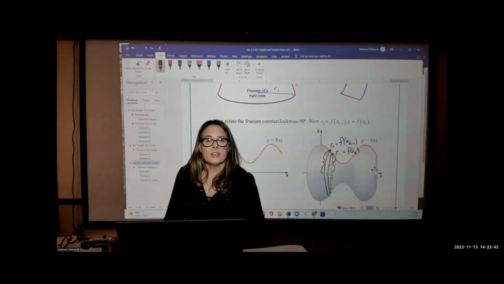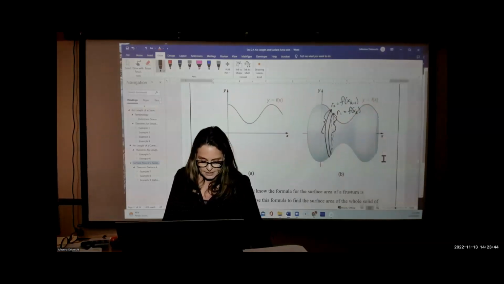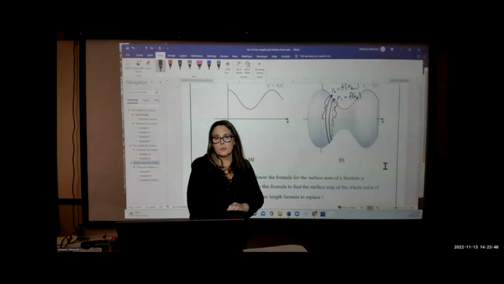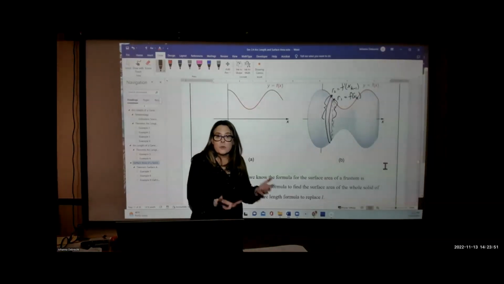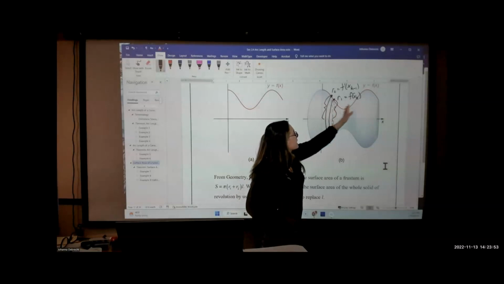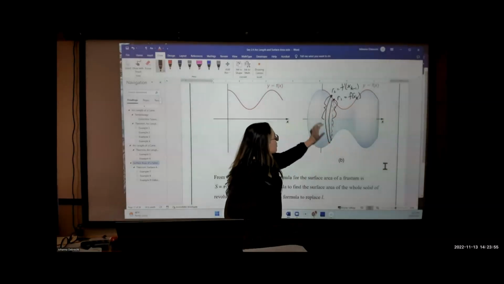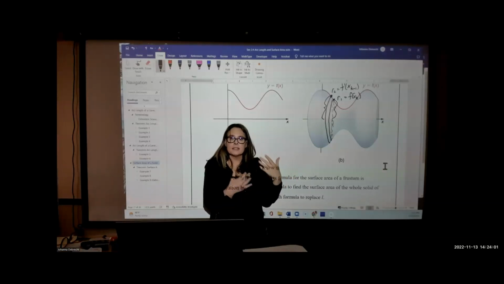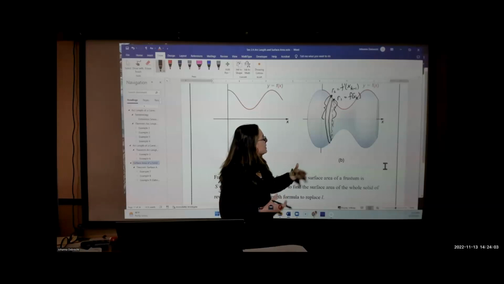So we need to figure out how we can approximate the surface area. Now, you know what we're going to do. We're going to take n different frustums coming all the way across. We're going to find the surface area of each one, add them together, and take the limit as the number of frustums goes to infinity.